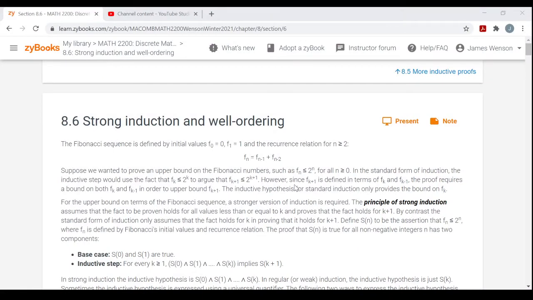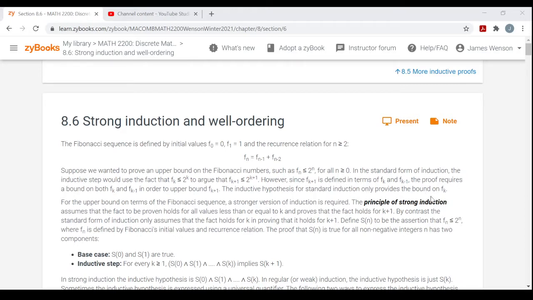Since f sub k plus 1 is defined in terms of f k and f k minus 1, the proof requires a bound on both f k and f k minus 1 in order to upper bound f k plus 1. But we only have the one for f k, right? That's the problem.